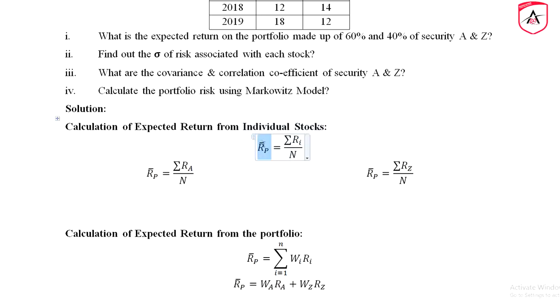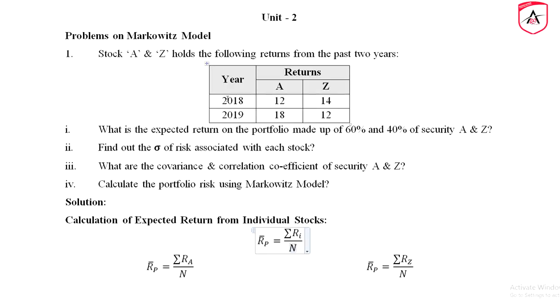R stands for return, P stands for portfolio, return on portfolio equals summation Ri over N. I stands for individual stock and N stands for numbers. Numbers means that in this question we have the data for 2 years, so N will be 2. By using this information, we have to find out the return on individual stock.